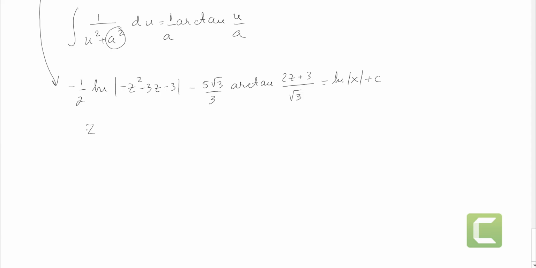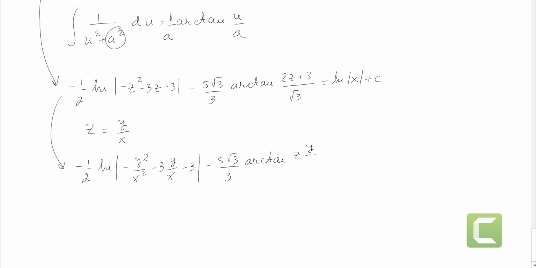And keep in mind that z was y over x, so one more step: negative 1 over 2 ln of (negative y squared over x squared minus 3y over x minus 3) minus 5 square root of 3 over 3 arctangent of (2y over x plus 3) over square root of 3 equals ln of absolute value of x plus c.